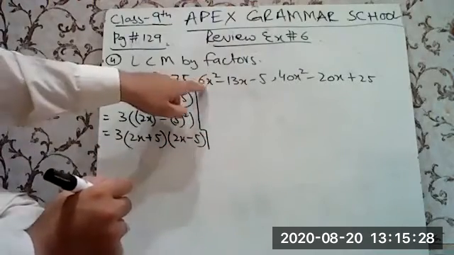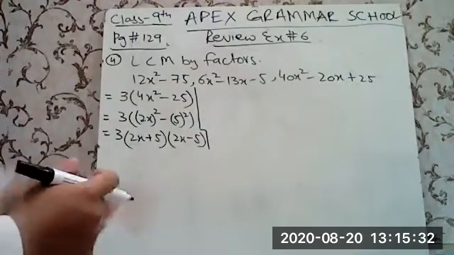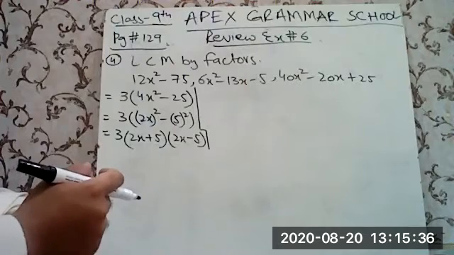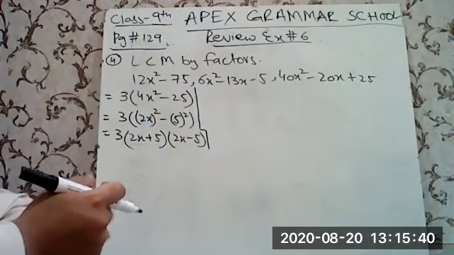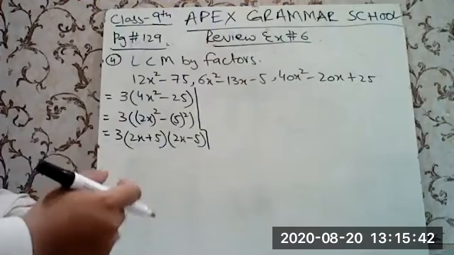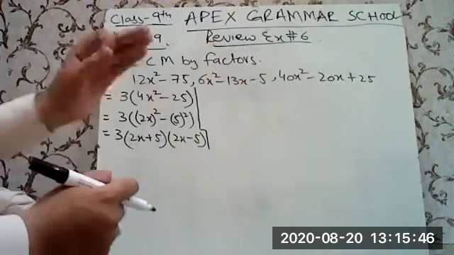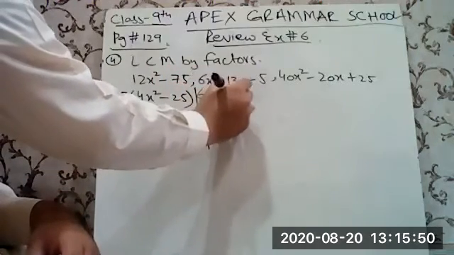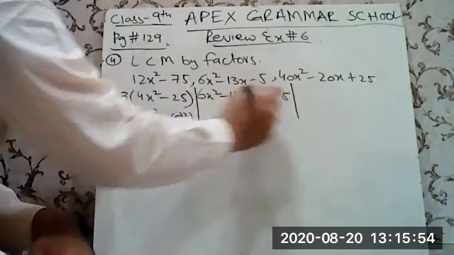Now 6x square minus 13x minus 5 requires midterm breaking. 6 multiplied by minus 5 is minus 30. You need two numbers whose multiplication is minus 30 and whose sum is minus 13x. Those numbers are minus 15 and plus 2. So you can write it as 6x square minus 15x plus 2x minus 5.